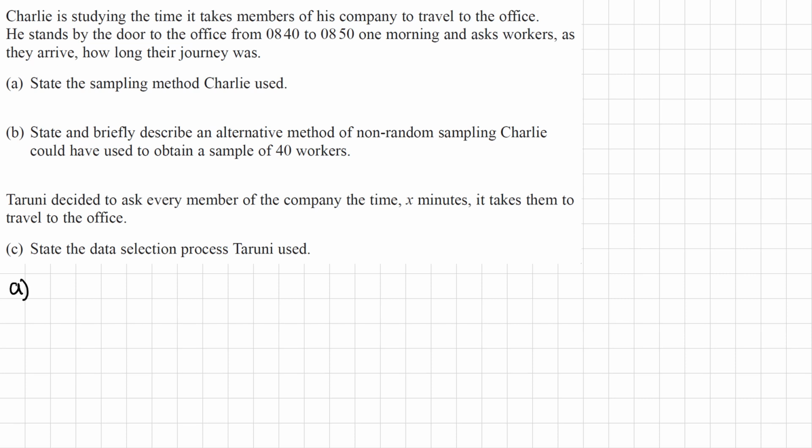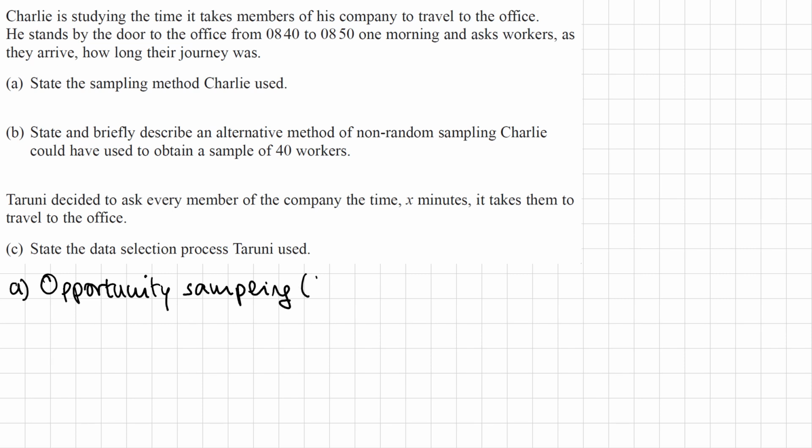Now, when you just pick items or people for your sample as and when they arrive, without any particular plan about who you're going to pick, this is known as opportunity sampling, because you're just using your opportunity to pick whoever happens to be there at the time.